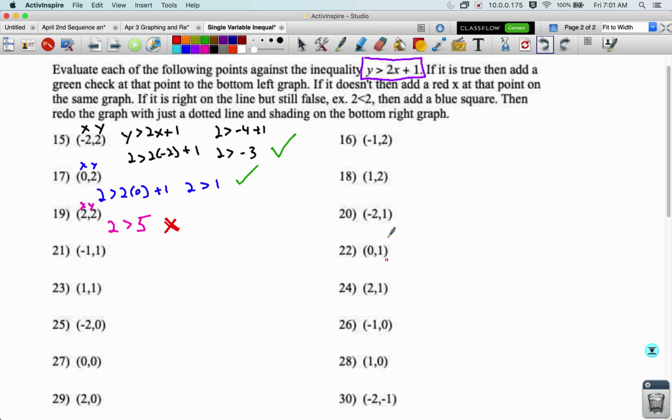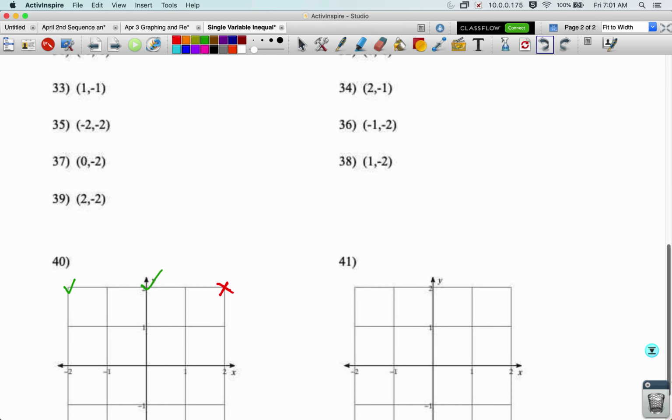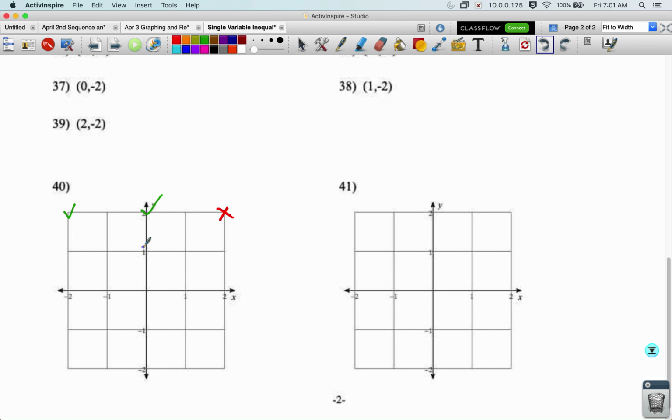So 0 is going in for x, 1 is going in for y. I get 1 is greater than 2 times 0 plus 1. 1 is greater than 1. That is technically false, but it's right on the line, so we're giving it a blue square. So 0 comma 1 gets a blue square.